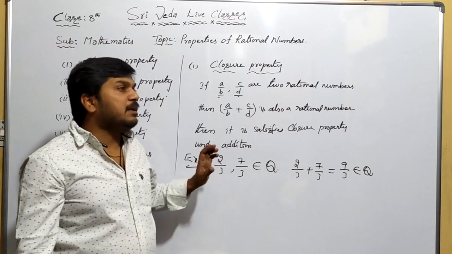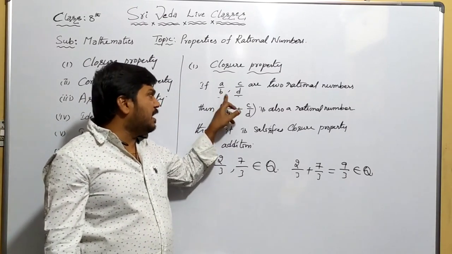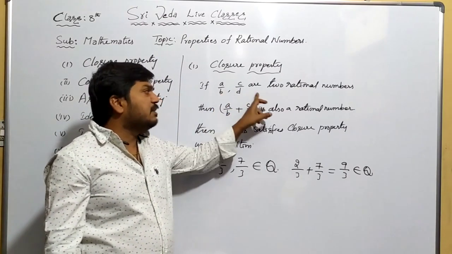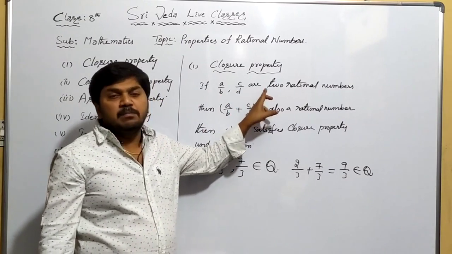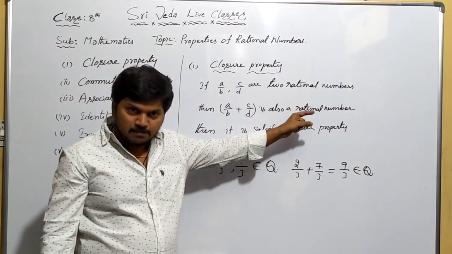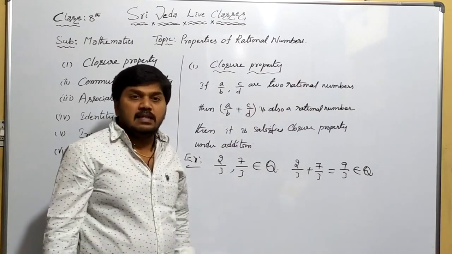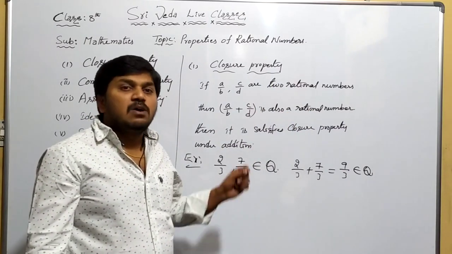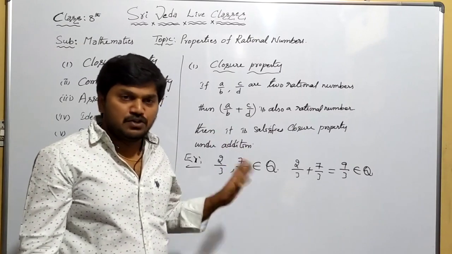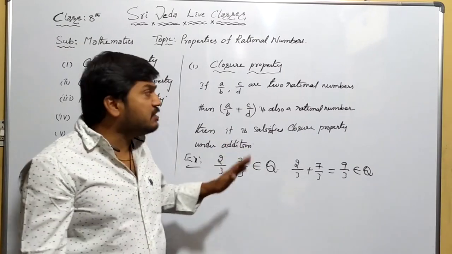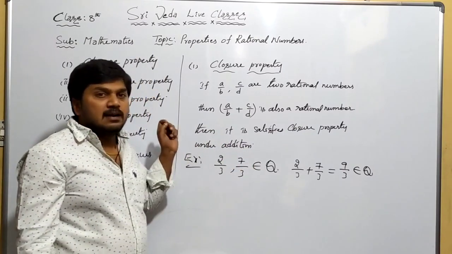Closure property means A by B and C by D are two rational numbers we are taking from a set of rational numbers. Their sum is also a rational number. Then we can say that it satisfies closure property under addition. First of all, we'll discuss under addition.